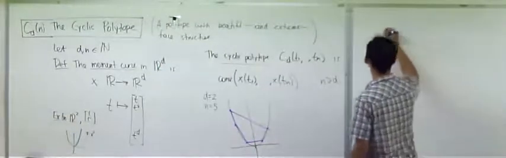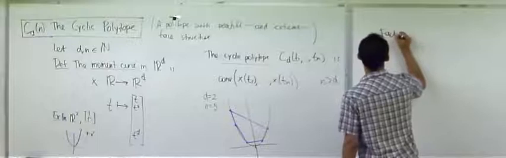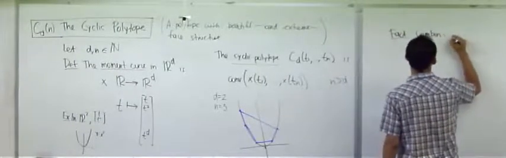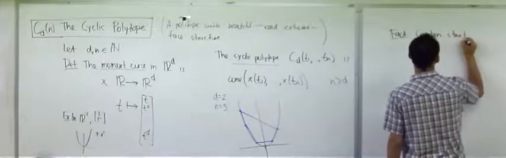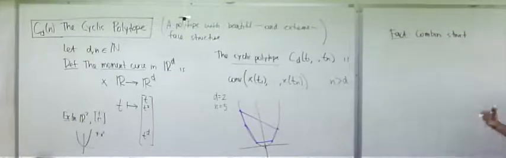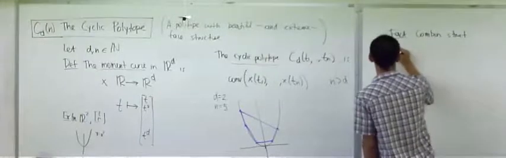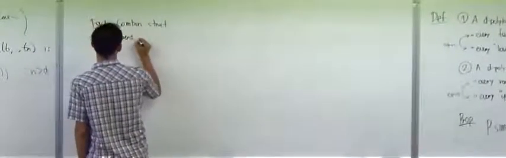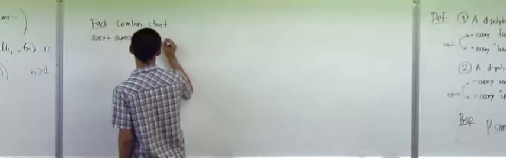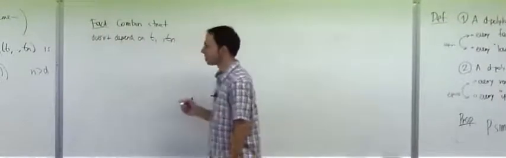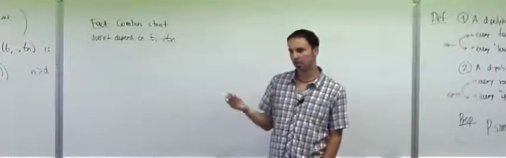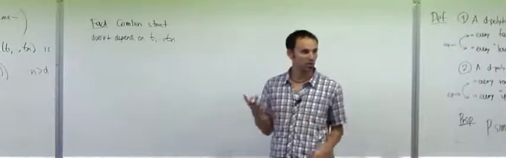Okay, so we will show this fact: the combinatorial structure, and by that I mean the face poset, doesn't depend on the choice of the points. And so that's why I just call the polytope C sub d of n, because really combinatorially it only depends on d and n.